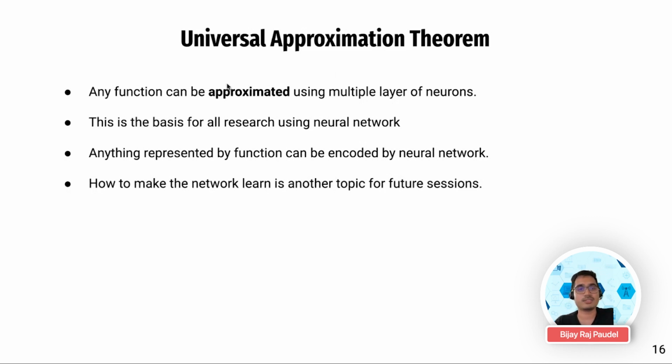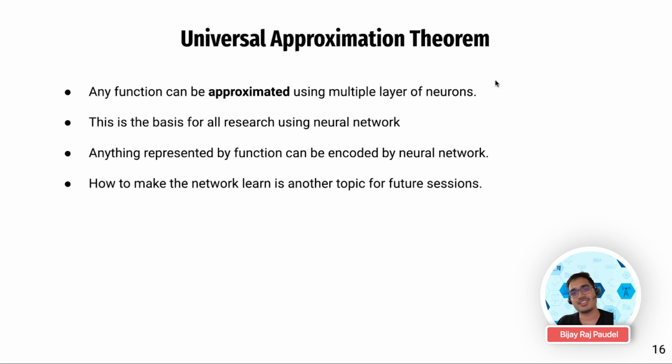What this theorem says is any function can be approximated by using multiple layers of neurons. So the first step we saw, we can model any system by using functions. And the next step we are seeing using this theorem, that any functions can be modeled by this multiple layer of neurons.